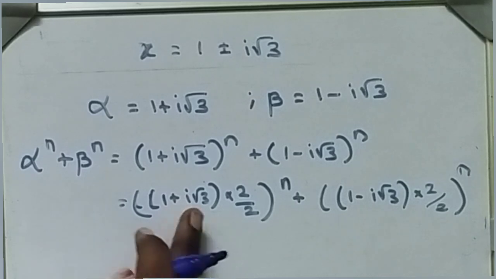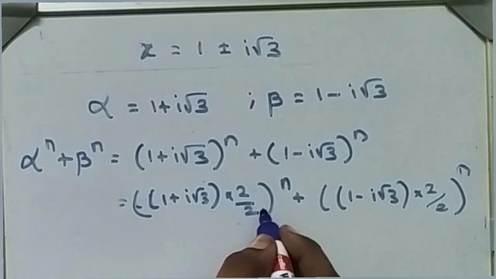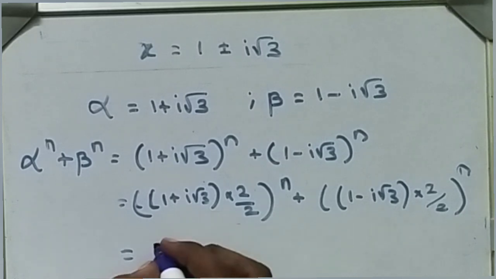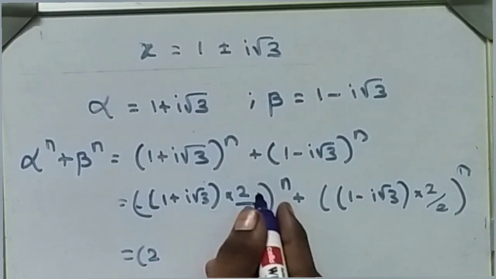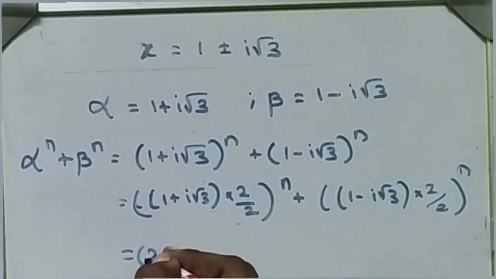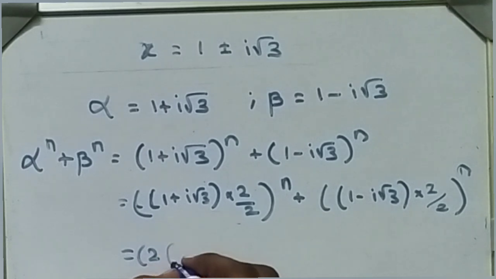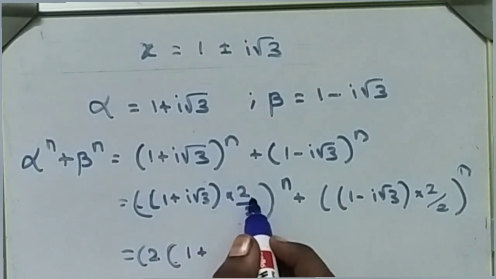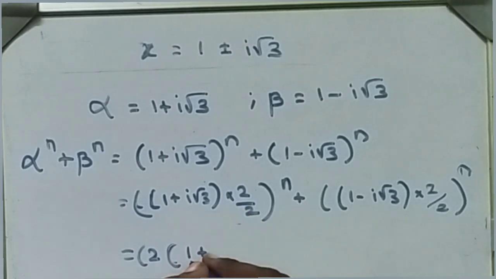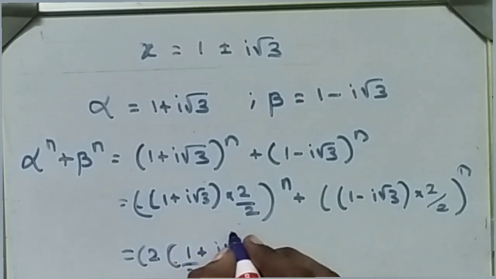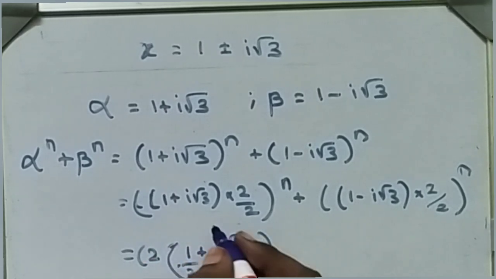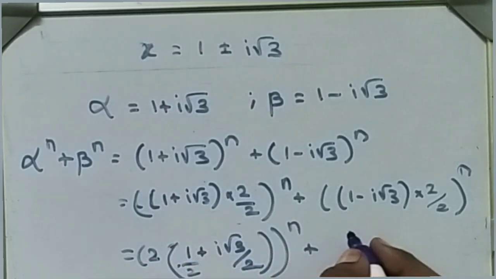Okay. So I am going to take this 1 by 2 into this. So it will become 2. The 2 in the numerator will come here, and I am going to take the 2 in the denominator within this side. So it will become (1 by 2 plus i root 3 by 2) the whole power n.